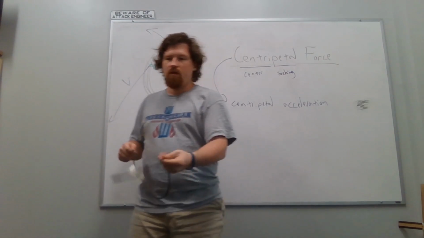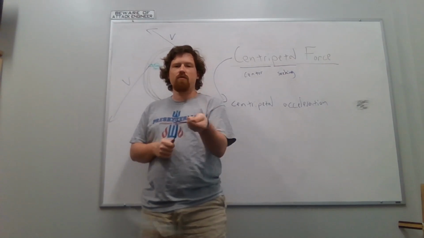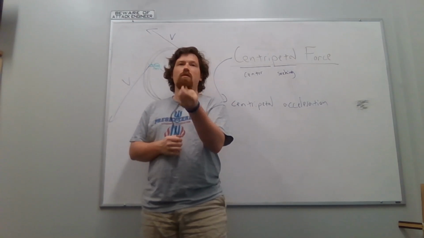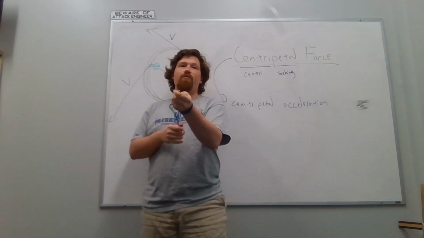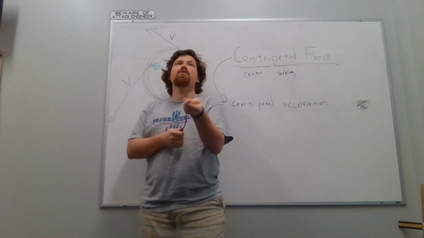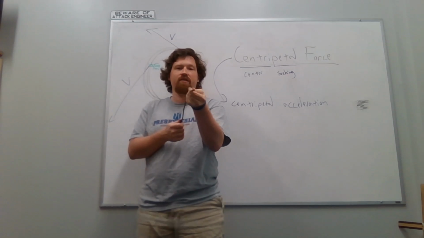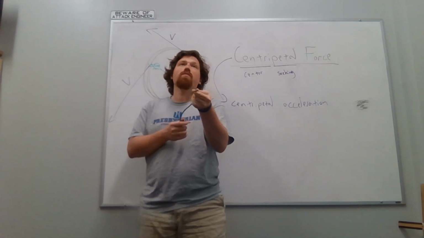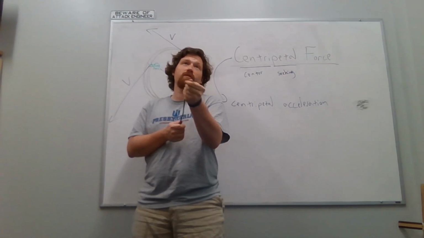Now, if I was to spin this object around in a circle, there is a force from the cable that is always pulling the tape towards the center of this orbit. The tape is sort of moving both angularly and linearly at the same time.